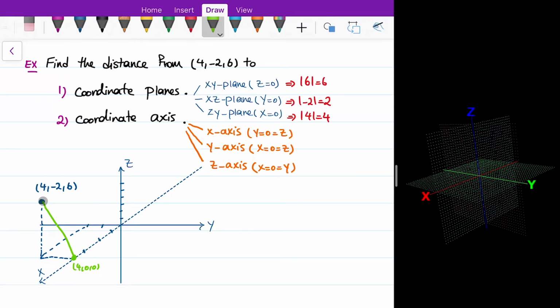Now, looking at the formula, the distance formula between 2 points, let me actually recall that.